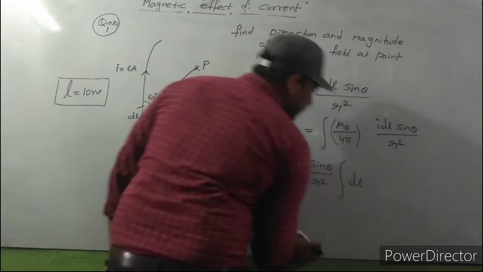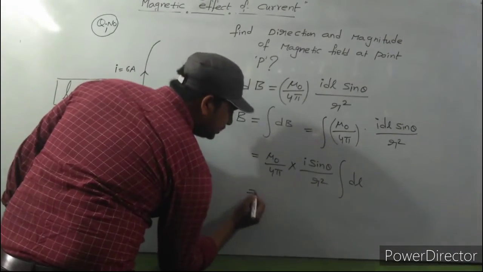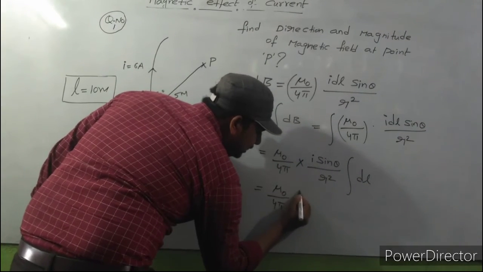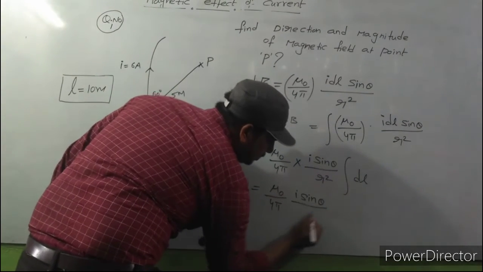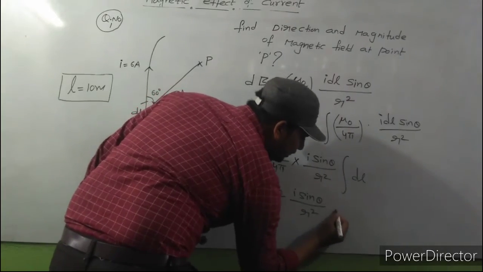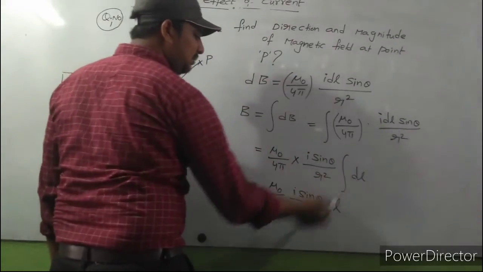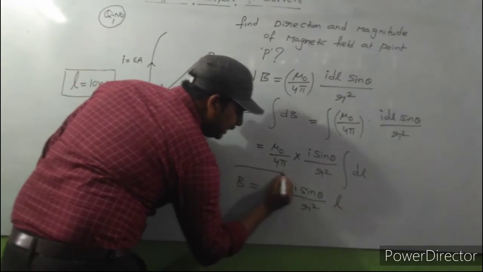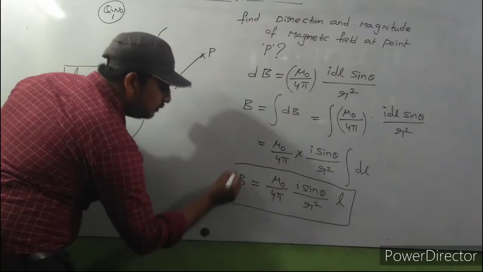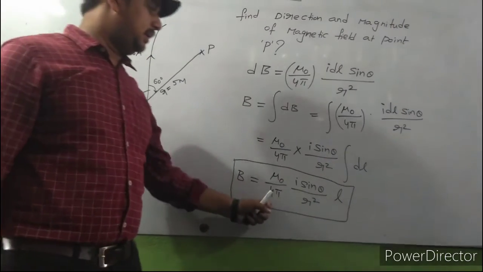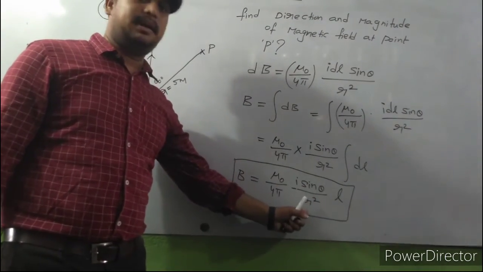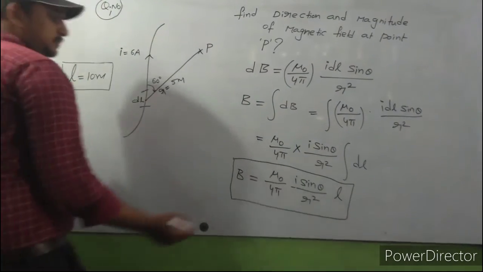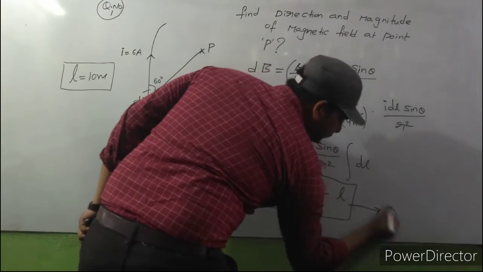Integral dl. So we can write mu naught by 4 pi into I into sin theta by R square into integral dl, and integration of dl means L. So finally we get the magnetic field formula: mu naught by 4 pi into I sin theta by R square into L. This is equation 1.